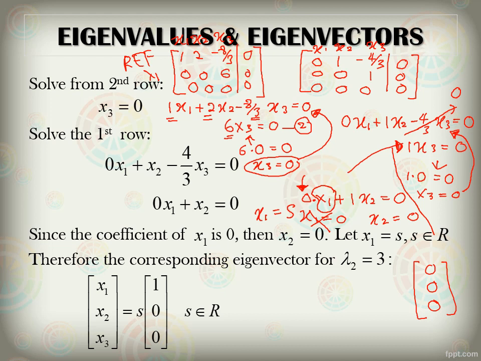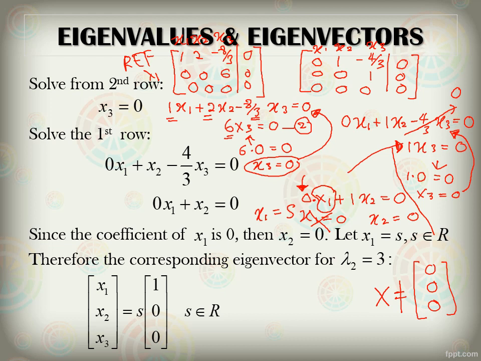Remember our condition at the beginning, before we start this, we stated that x cannot be non-zero. So you must make sure that you define your x1 equal to some scalar s, where s is a real number.